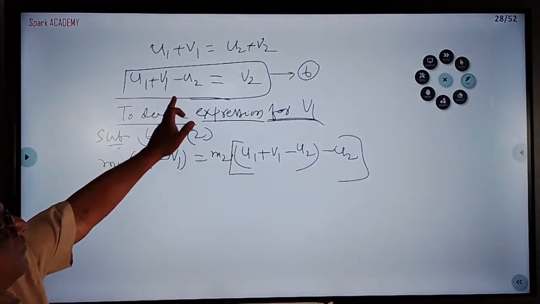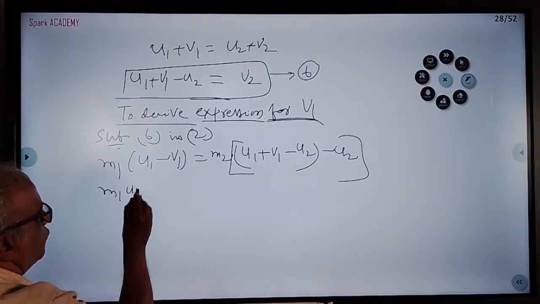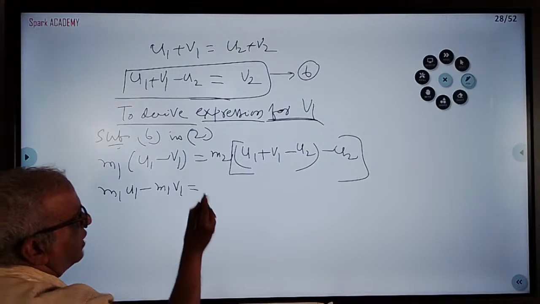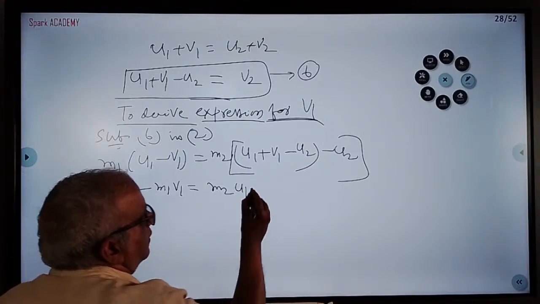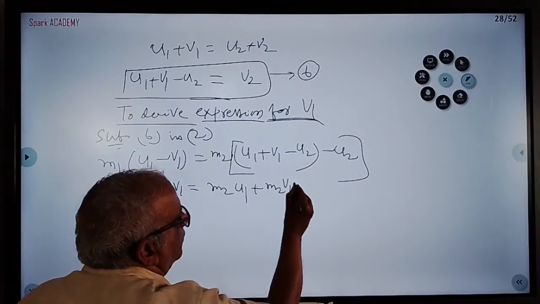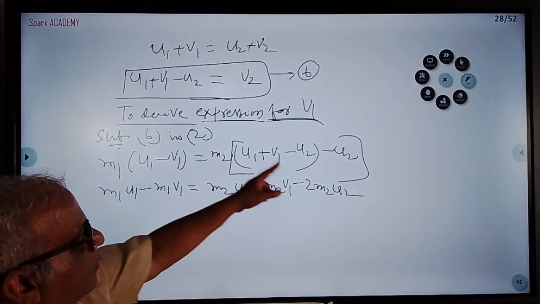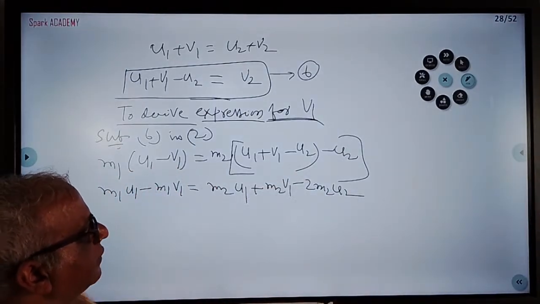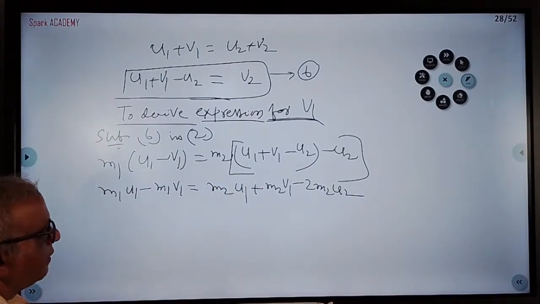Expanding, I get m1 u1 minus m1 v1 equals m2 u1 plus m2 v1 minus m2 u2 minus m2 u2. Two u2 terms are there, so minus 2 m2 u2 you are going to get.